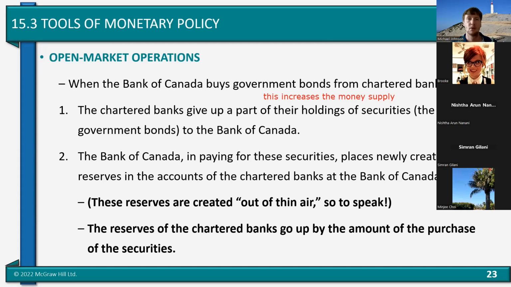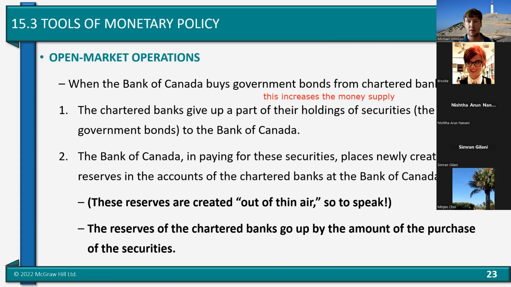So bank reserves mean cash. Let's say TD Bank has an increase in the bank reserves that they hold inside of TD Bank due to the Bank of Canada buying TD bonds.